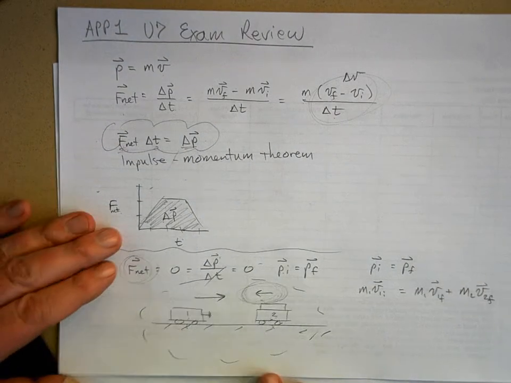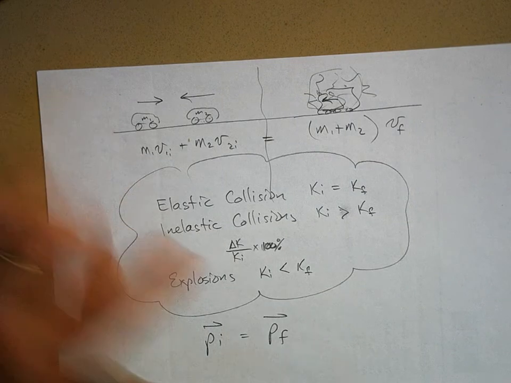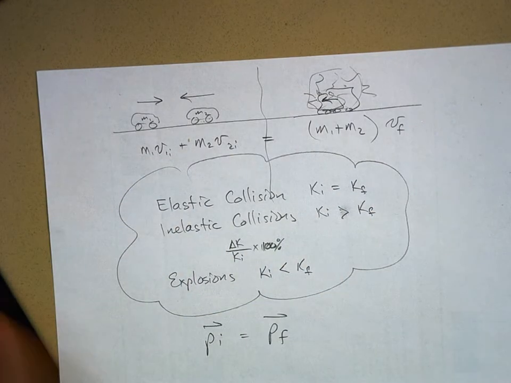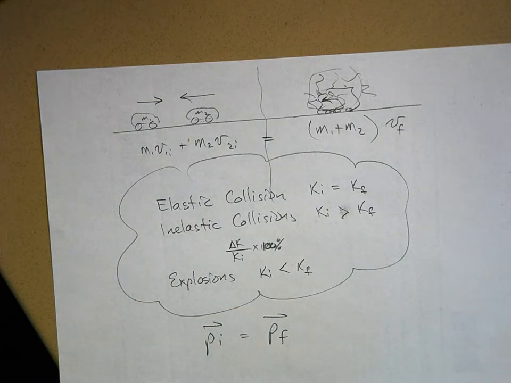And then you can have inelastic, that is, you're going to lose kinetic energy. Elastic means your kinetic energy stays the same. And then explosions, you had some kind of energy stored up in your system, like a grenade or something, and it blew up, and you ended up with more kinetic energy than you started with.